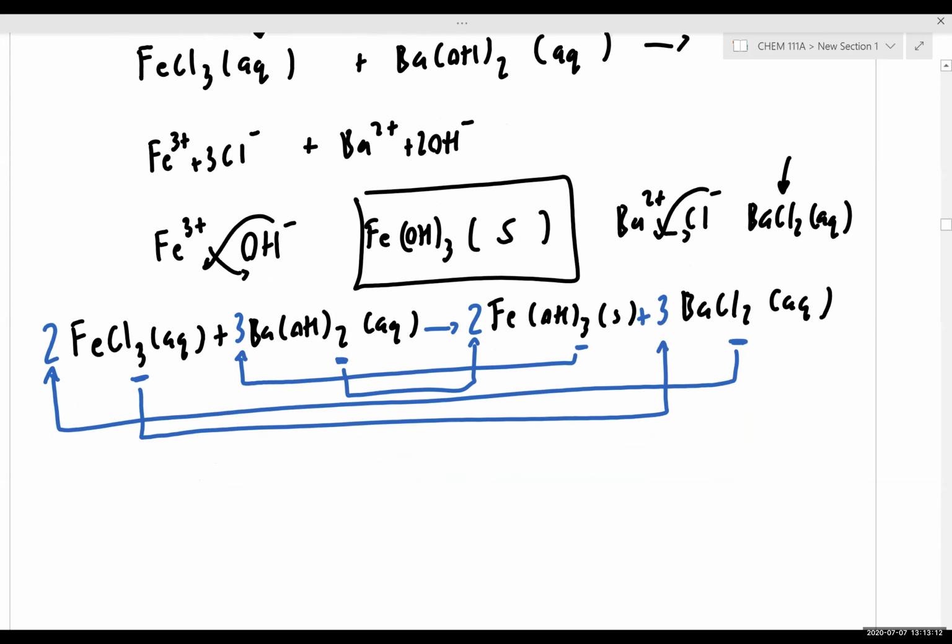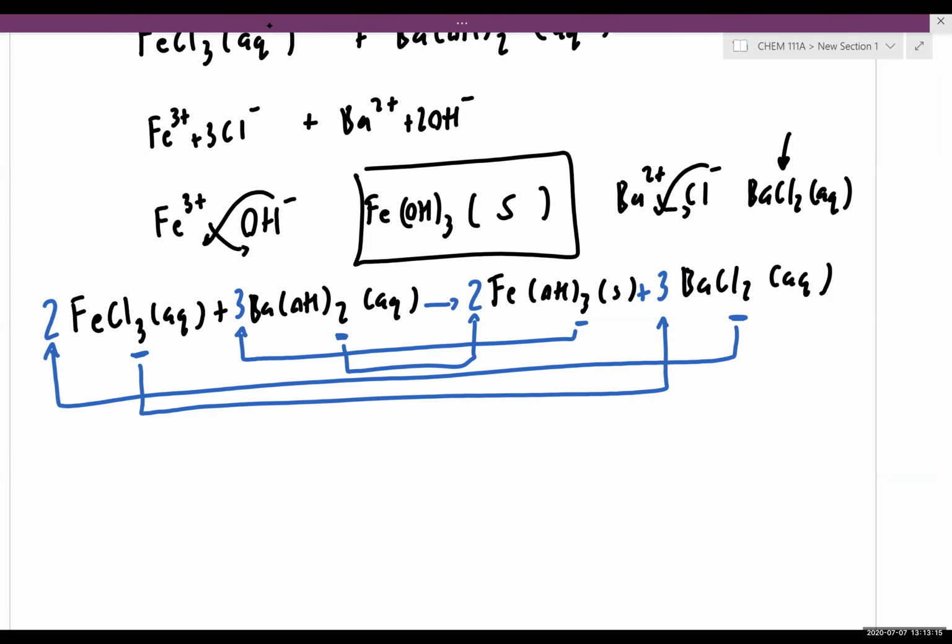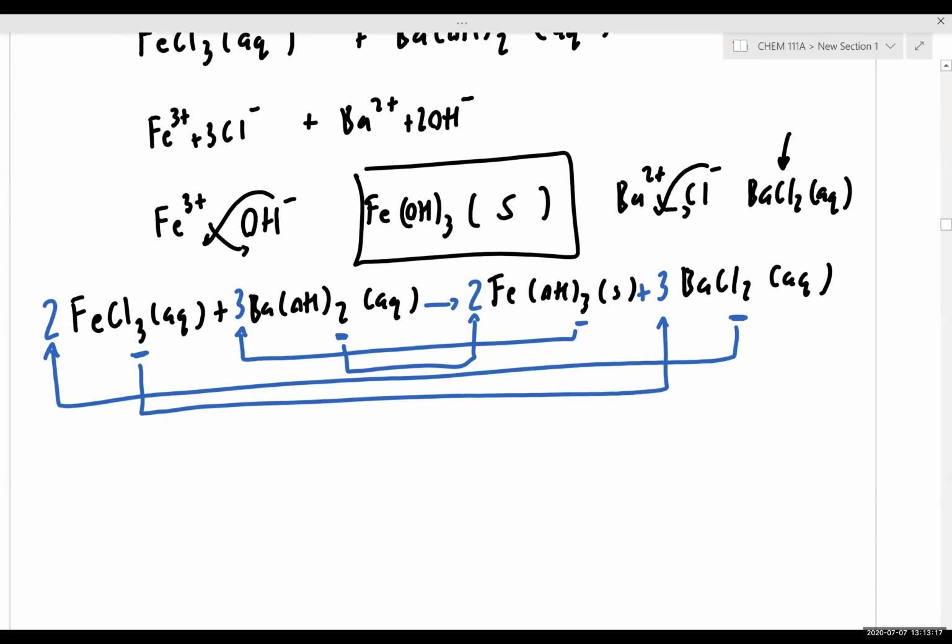Okay, so now that we have our equation, we're going to focus on writing the net ionic equation. So we're going to break down all of our soluble ionic compounds, strong acids and strong bases. So iron 3 chloride breaks down into 2 iron 3+ and 6 chloride ions.